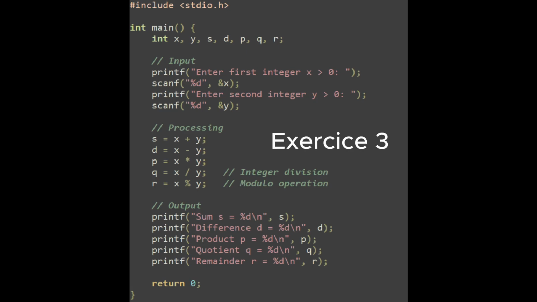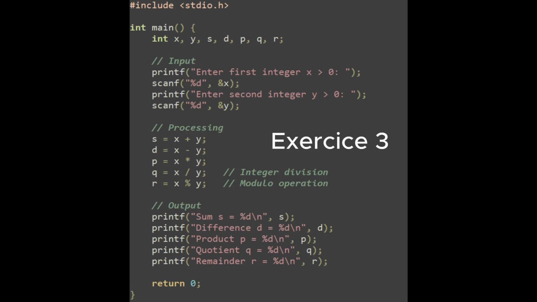Remainder: r equals x modulo y. Outputs: display s, d, p, q, r. Explanation: this exercise demonstrates standard arithmetic operators. Note on division: since variables are integers, int, the division x/y will result in a whole number, truncating any decimals. Note on modulo: the percent operator provides the remainder of the division.